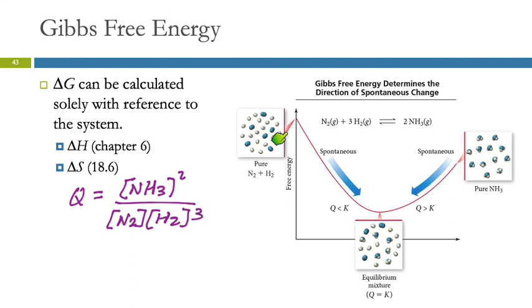So if we only have reactant and we have no product, of course Q is going to be a very small number, and so this will be spontaneous, and it will go until Q is equal to K. Over here, having all products, no reactants, Q is a very, very large number, and so the reverse reaction will be spontaneous, and it will continue until Q is equal to K. So we see this point, this minimum in free energy, is the point of equilibrium.